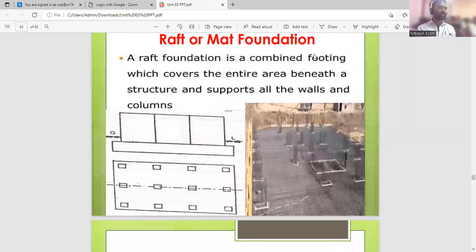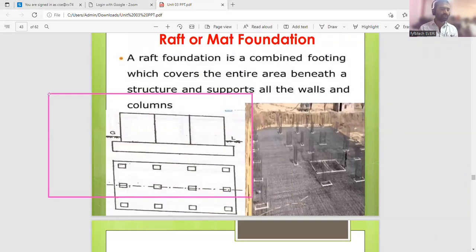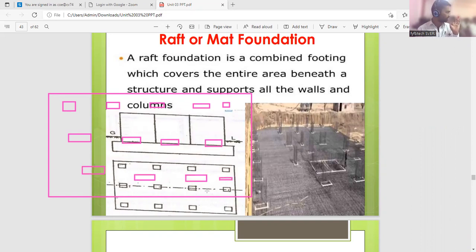In the last class we have studied this also: mat foundation. See, if the soil is weak, and here there is one column, and here you have multiple columns, providing footing for each individual column is difficult.